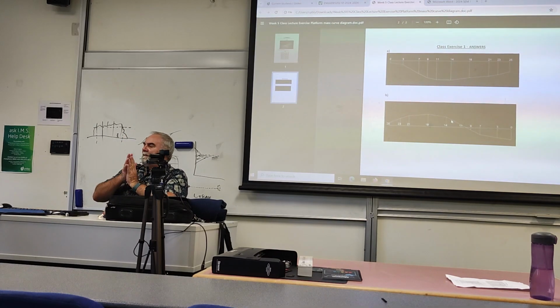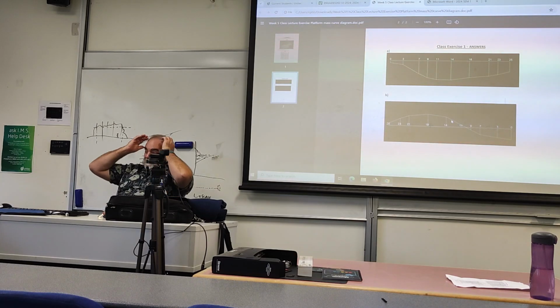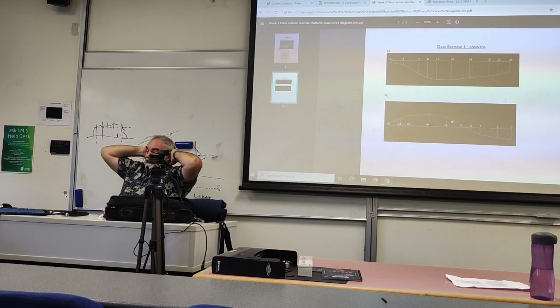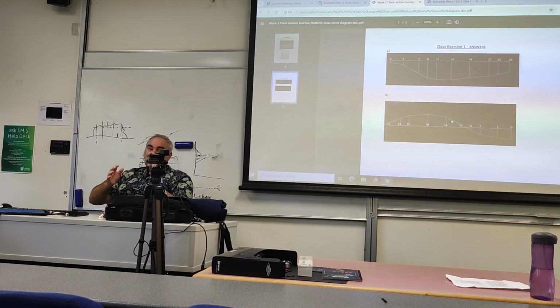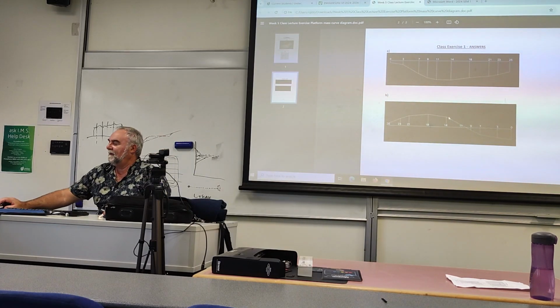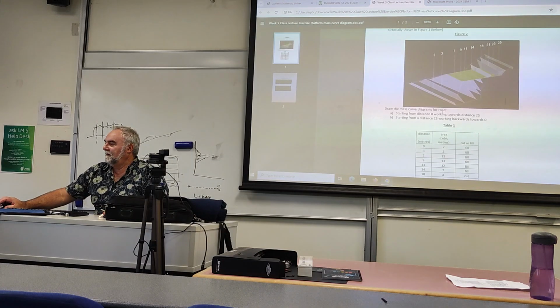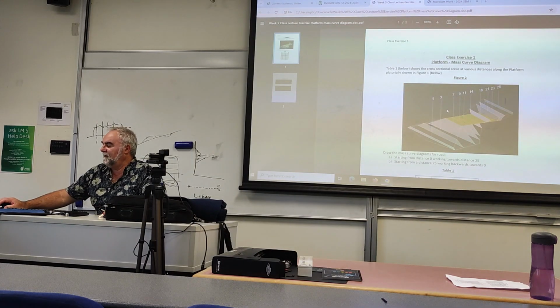So as managers, if you go on to manage sites, a mass curve diagram is really important for seeing where you're at with the job. Are you keeping up with what they want, or are you slipping behind? And are we doing it the right way, or are we doing it the wrong way? Remember, there's the job there.